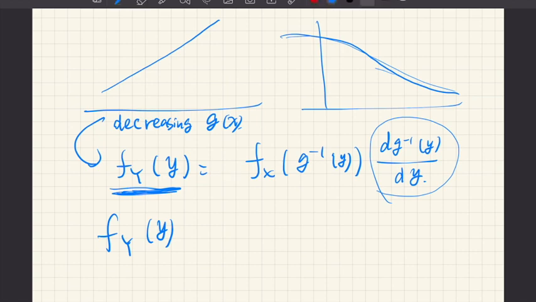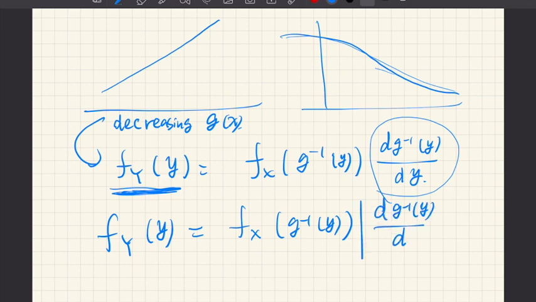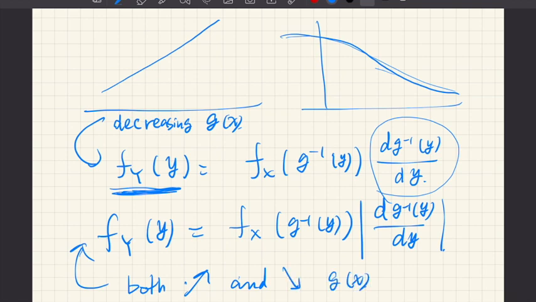So we can actually summarize both cases by using absolute value. Okay, so we just put absolute value. So this includes both increasing and decreasing g.